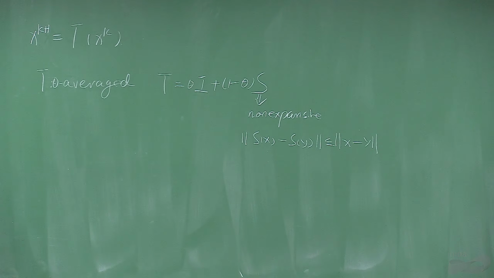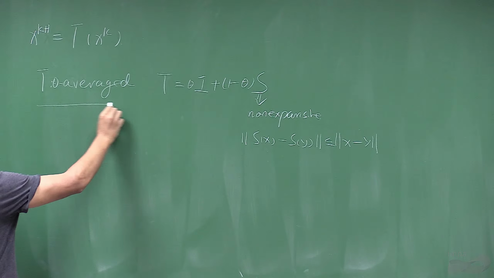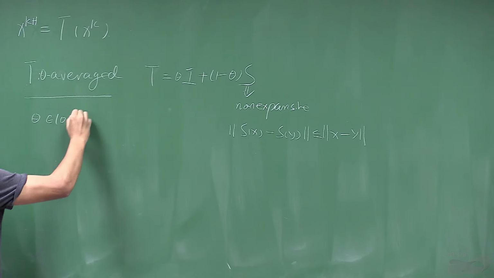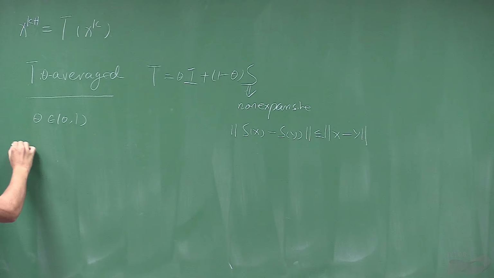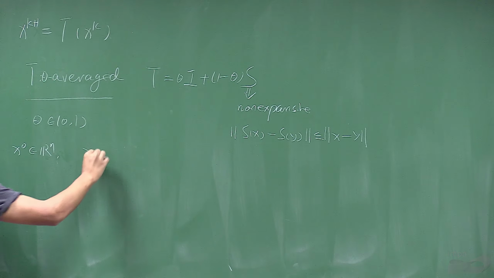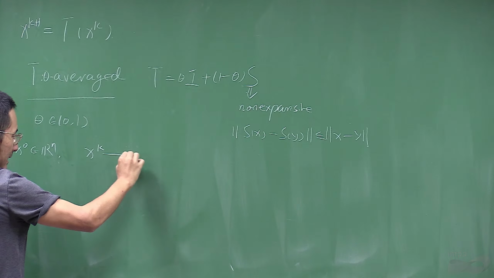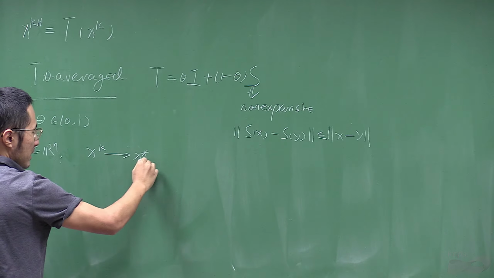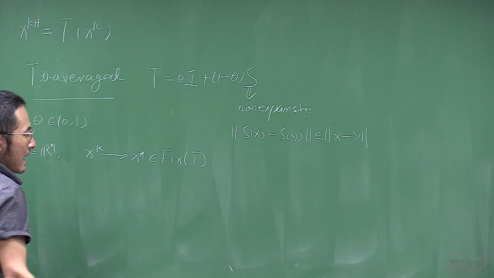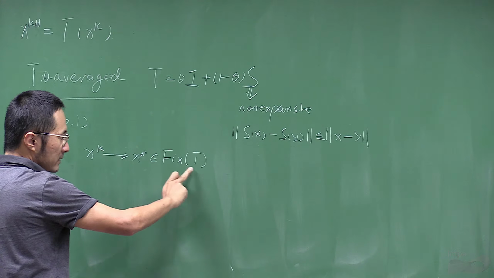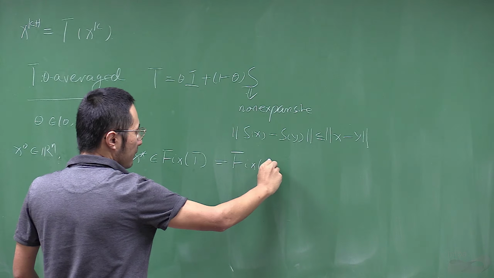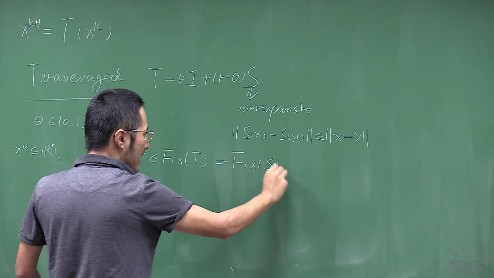So if we deal with a theta-averaged operator for the fixed point iteration, where theta belongs to (0,1), then for any initial point in the whole space, we can prove that the sequence x_k approaches a solution x star which belongs to the fixed point set of operator T, and actually the fixed point set of the operator T equals the fixed point set of the non-expansive operator S.